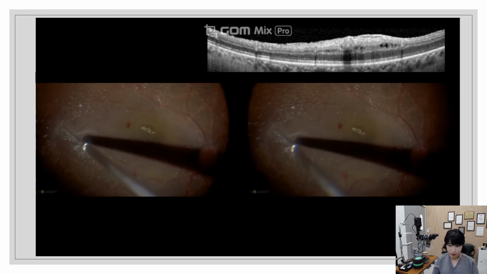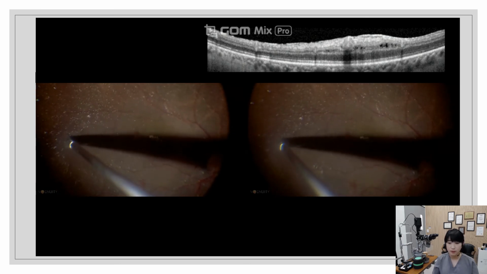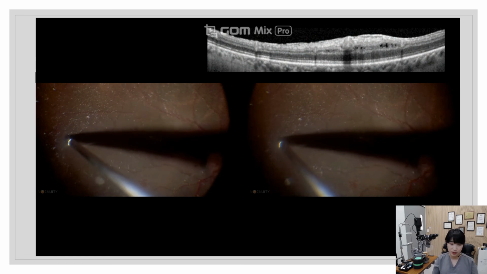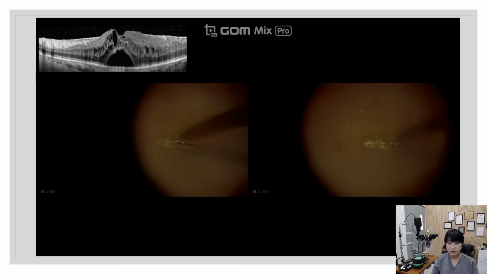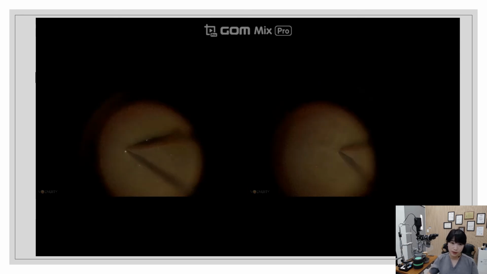Then it is better to stop peeling and remove the remnant tissue with the cutter at this point. The epiretinal proliferative lesion can be left, especially when there is little tissue on the fovea.